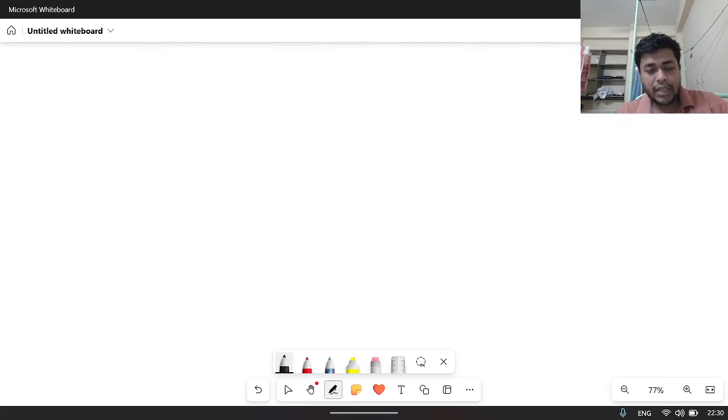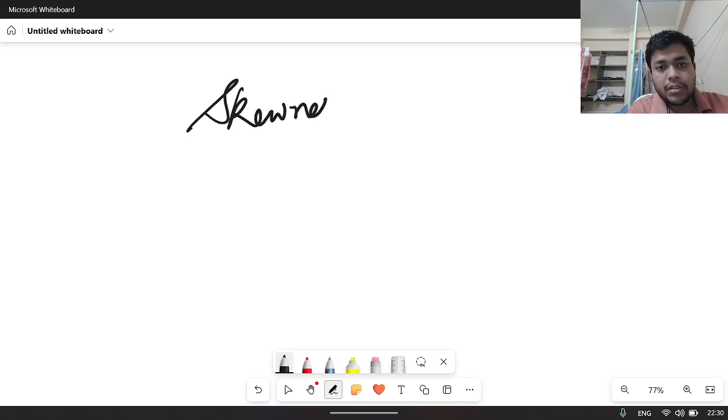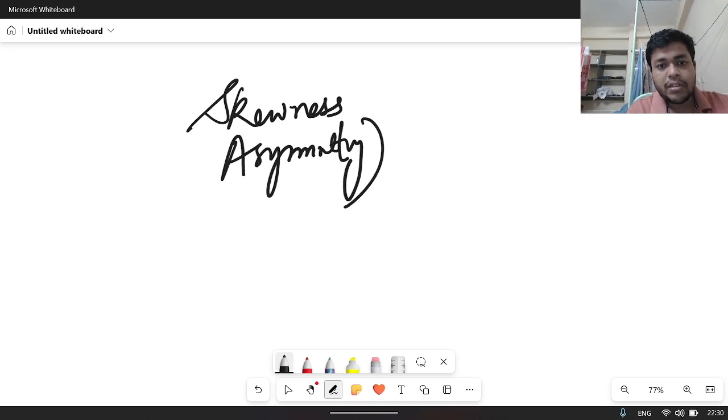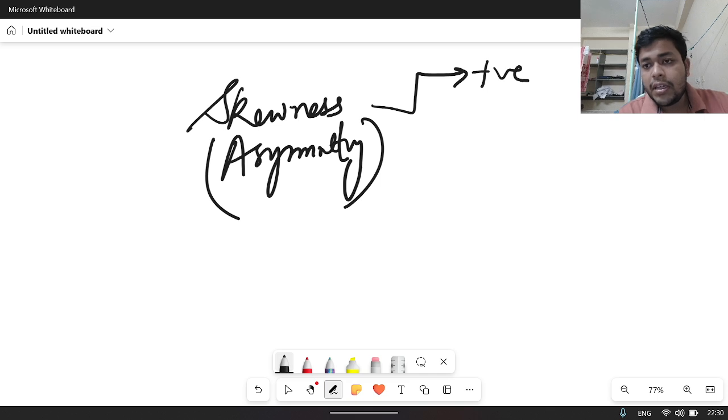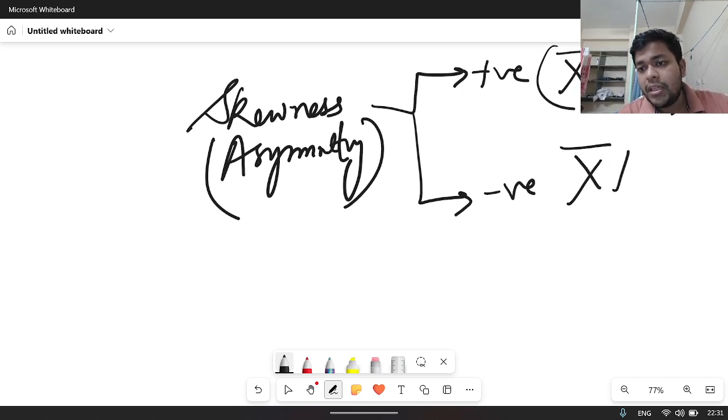Okay, if I am to write here, skewness, which is asymmetry, can be positive. Here, mean is highest. And in case of negative skewness, mean is lowest.